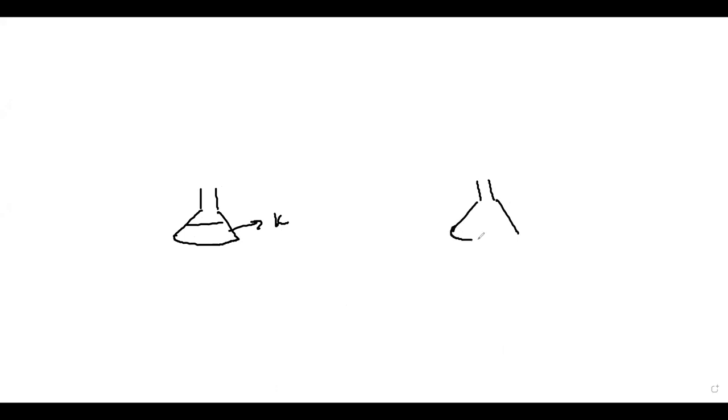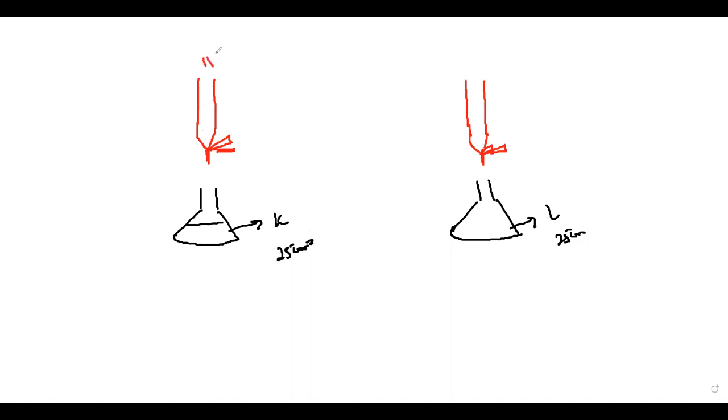And we add the two indicators, methyl orange and thymolphthalein. From the burette, we are adding HCl. Solution K was 25 cm³, solution L is also 25 cm³, and the same hydrochloric acid is used.